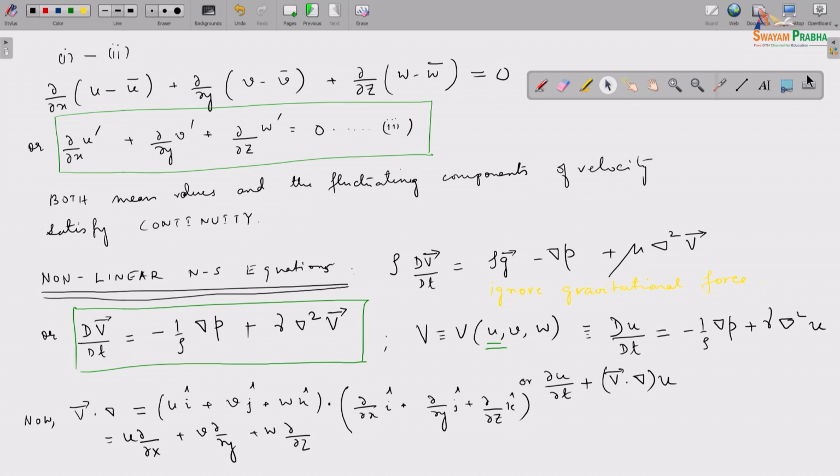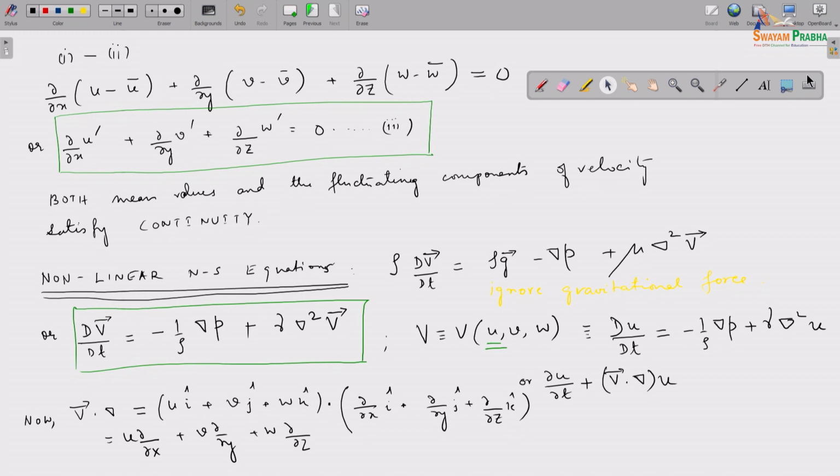So, you get that. Then you have something like this. Okay. Now, this is almost like an operator, this V dot.